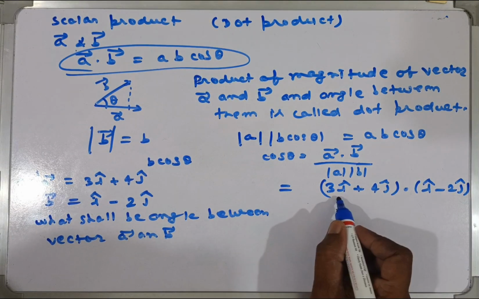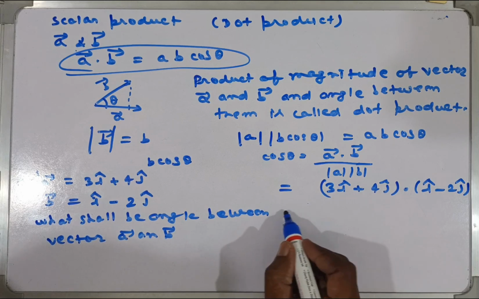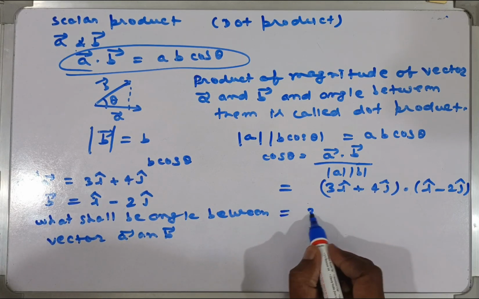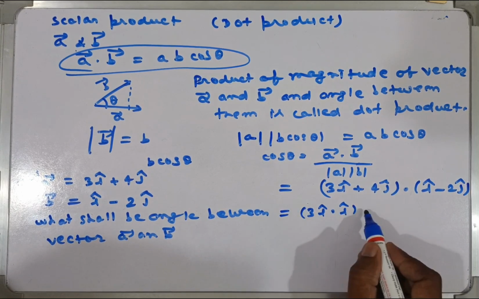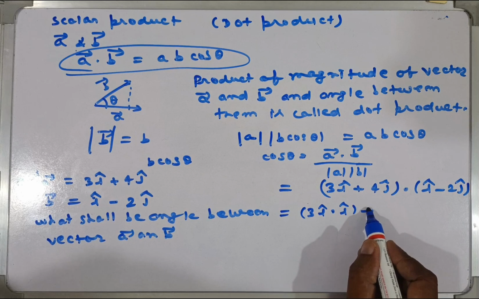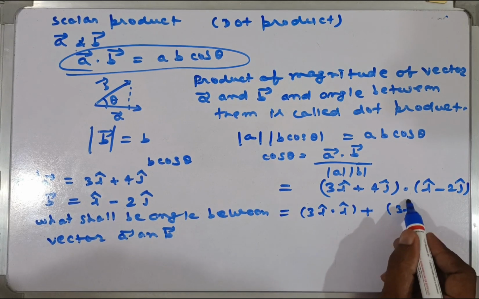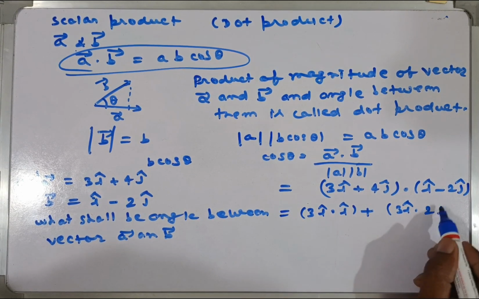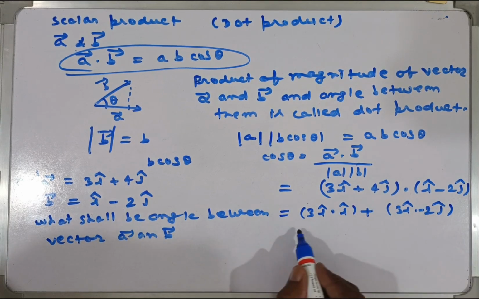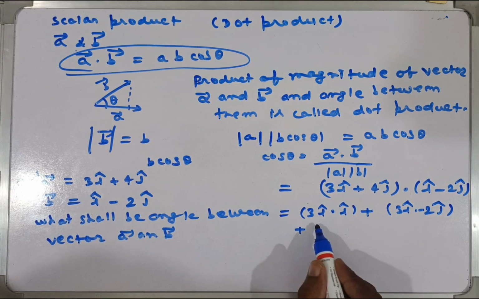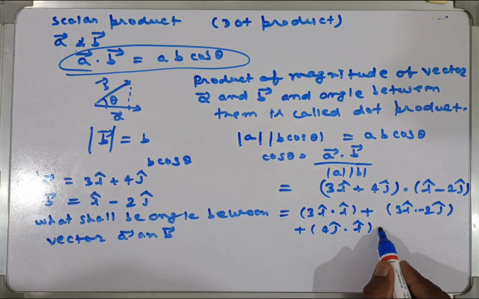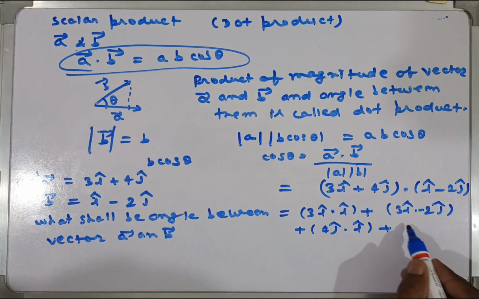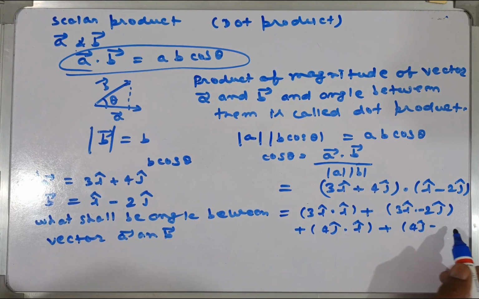We can write the numerator term like this: 3i dot product of i, then plus 3i dot product of 2j with a negative sign, then plus 4j dot product i, then again plus 4j into minus 2j.